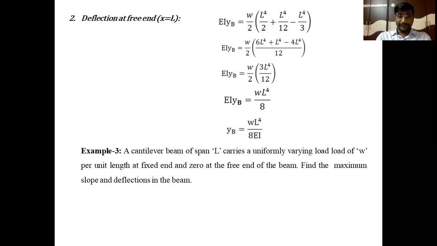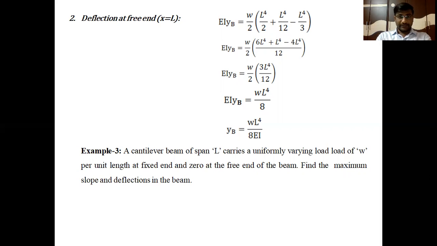What type of load is it? Uniformly varying load. The maximum load W at the fixed end and 0 at the free end. Find the maximum slope and deflections in the beam.